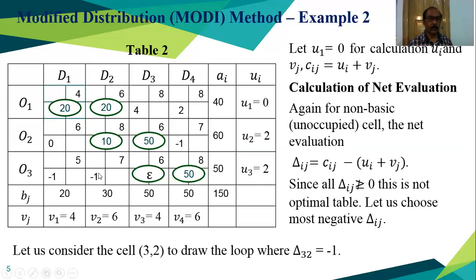So this and this form a loop. If we consider this one, so this, and this. So every corner presents an allocation, starting with this. Here we are considering this 3, 2. That means we are considering this. So we put here plus theta, then alternately minus theta, plus theta, and minus theta.